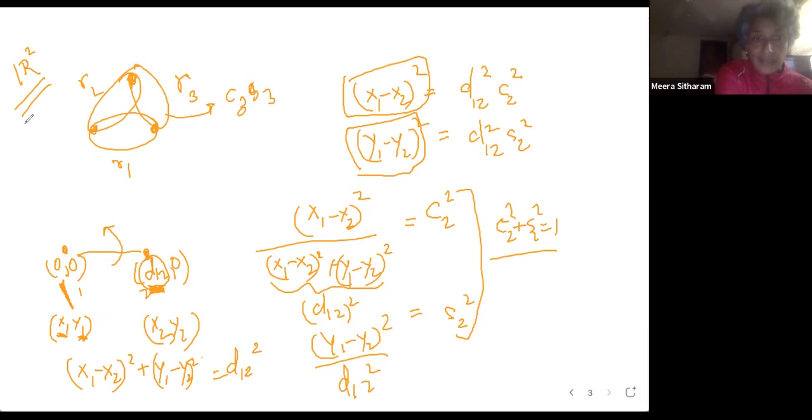Again, you'll have a C2 and an S2 and a translate. So essentially you have just rewritten the equations in this manner.